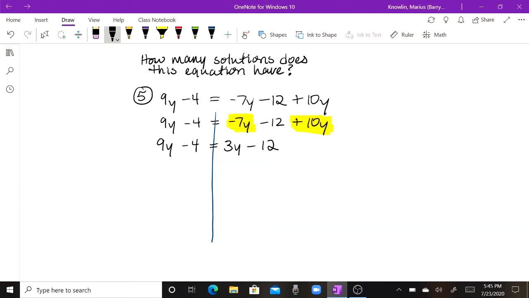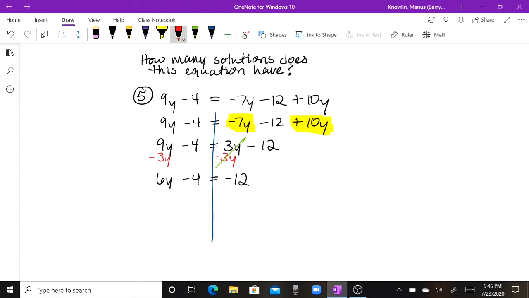Now we want to go ahead and continue to get our like terms together. So we're going to subtract 3y from both sides. Or we could say we're adding negative 3y to both sides. Either way, that's going to give us 6y minus 4 on the left equals a negative 12 on the right.